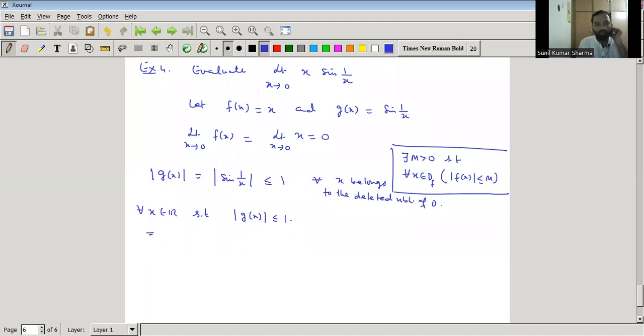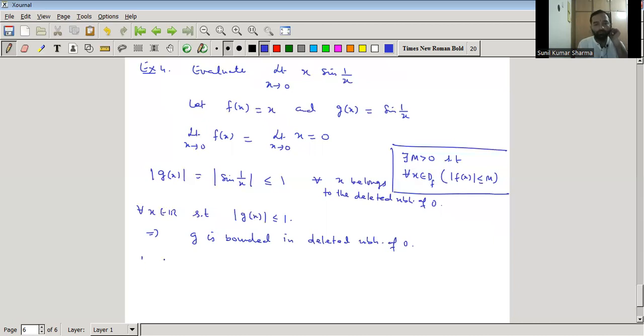This implies that g is bounded in the deleted neighborhood of 0. So we can use the theorem.